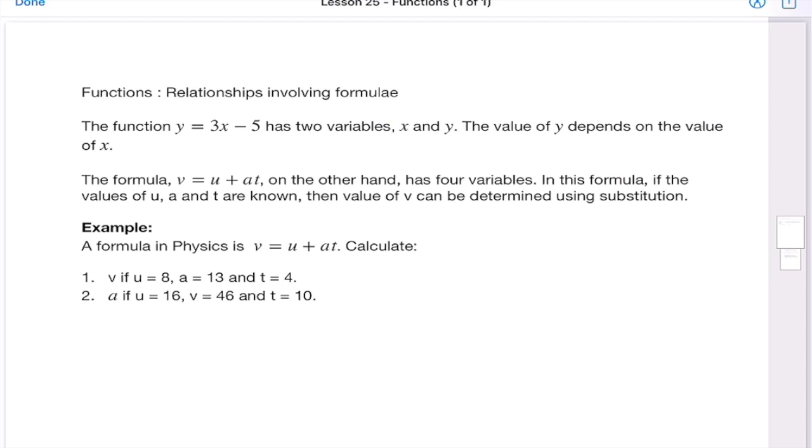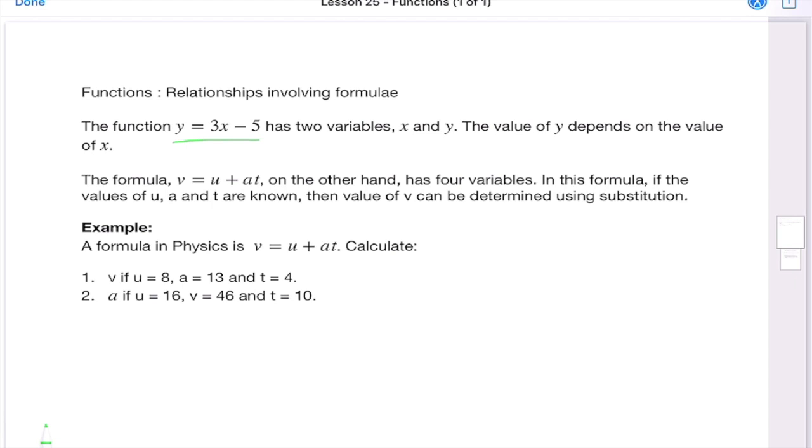You have learned almost everything about functions. In this lesson, I just need us to extend it a little bit and look at relationships that involve formulae. The function y is equal to 3x minus 5 has two variables, and those variables are x and y.